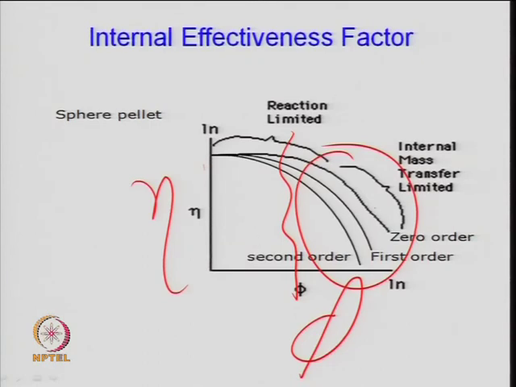So, for 0 order it is on the upper side, for the same phi value. You can see here this and this. So, the effectiveness factor is higher in the 0 order reaction compared to a first order or second order reaction. So, that is another interpretation, that the concentration will also affect the rate for diffusion governed reactions. So, I stop here and we will continue next time.